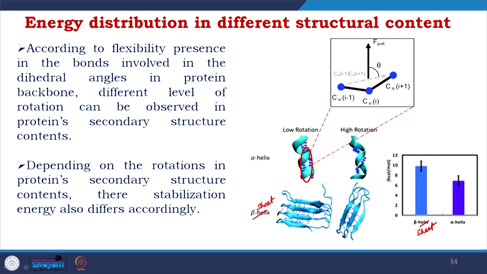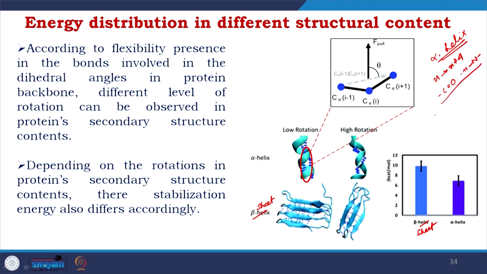Individually, when you consider the alpha helix, they are stabilized by N to N plus 4 C double bond O hydrogen bonds.